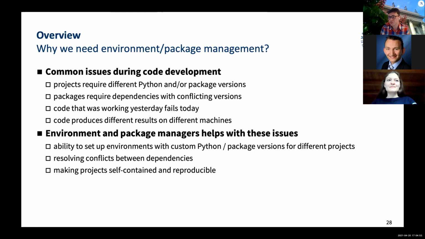This is, of course, not something you would like to do. That's why it's advisable to use environment and package managers like Conda, because they allow you to set up environments with custom versions of Python and package versions. And then you don't need to reinstall anything. You just need to switch between different environments when working on different projects that have different requirements.